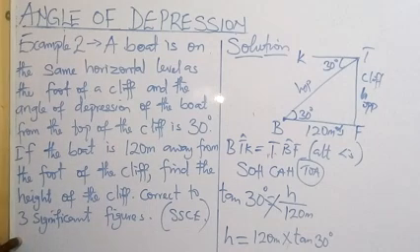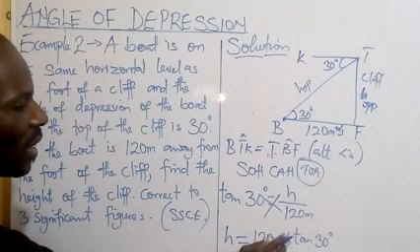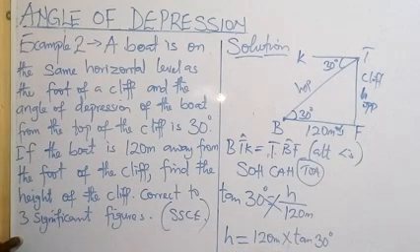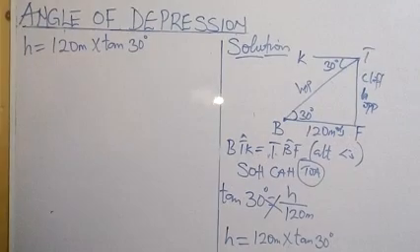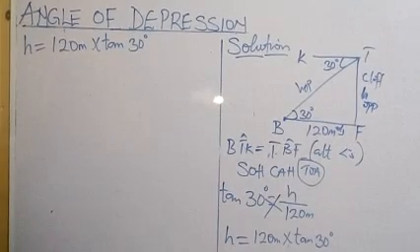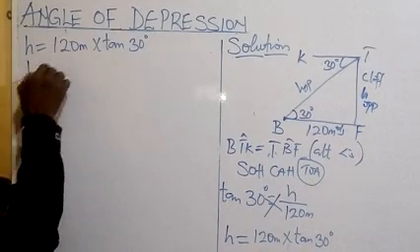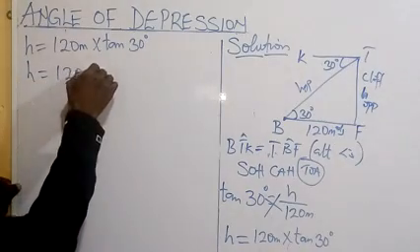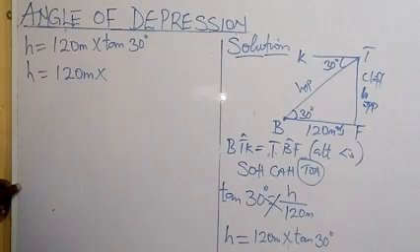Using our calculator, we have H equals 120 meters multiplied by tan 30 degrees. Now, what is the value of tan 30 degrees?